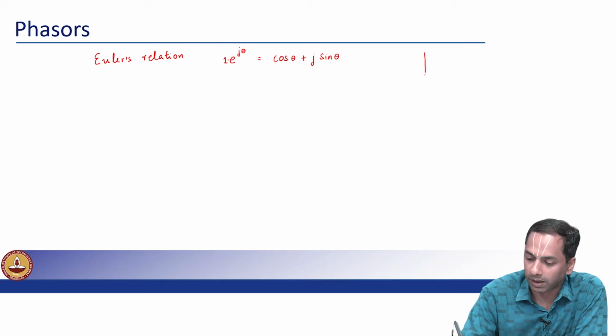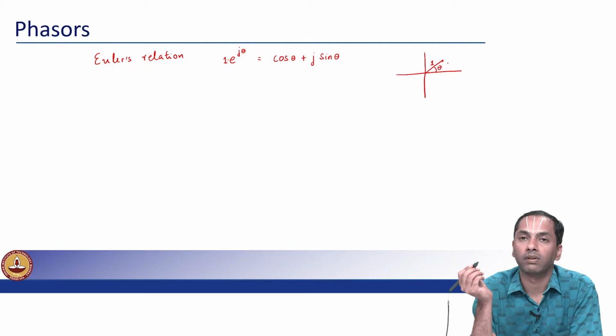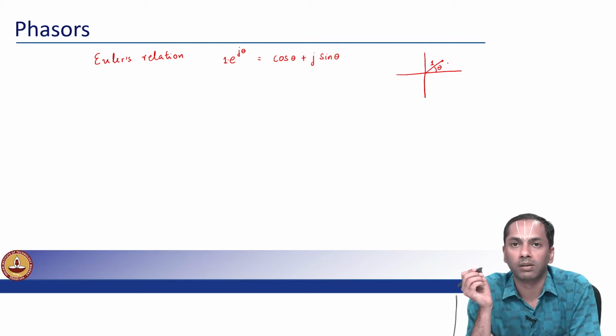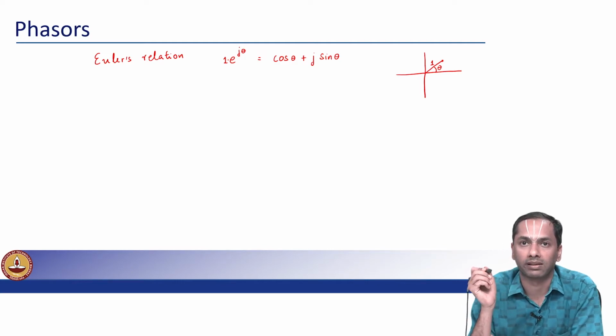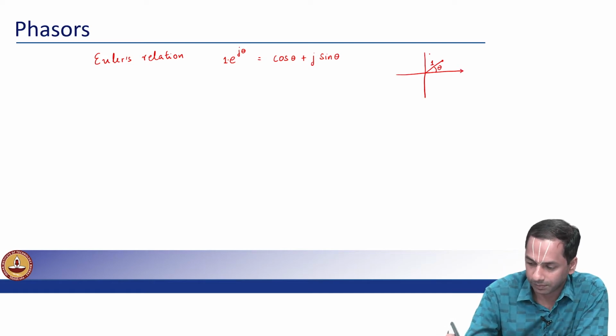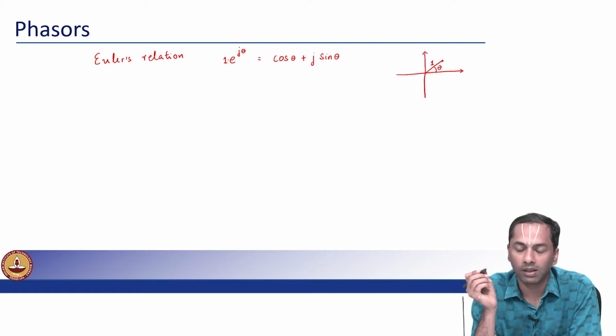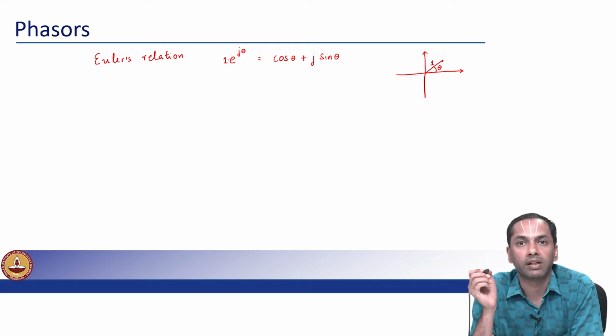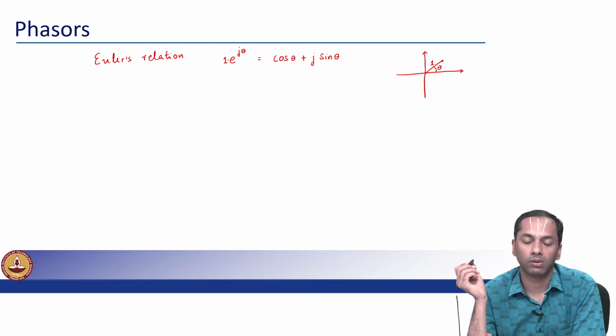So in the complex plane, you can indicate this, where the magnitude is 1 and you have an angle subtended by the line joining the complex number to the origin, and the angle it subtends to the horizontal axis, right? So this is the first relationship that we'd like to borrow.